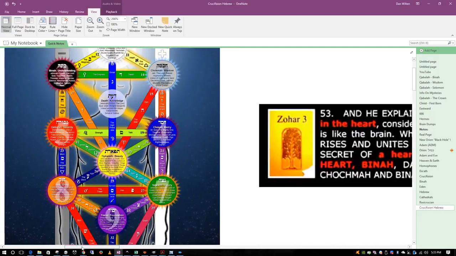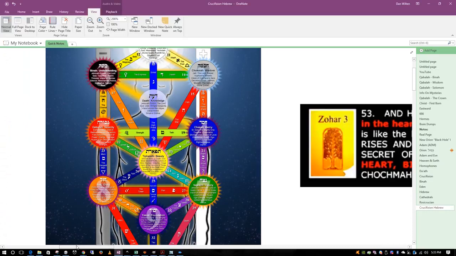So, one way to understand the heart here, because it's also saying the heart is Bina, is to understand the Tetractys. If we take a look right here, we have on this tree of life 2 areas that it's referring to as the heart. One is referring to Bina, and one we know of, which is positioned right here in this inverted triangle.